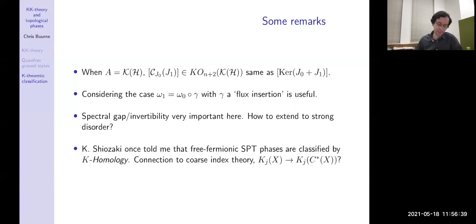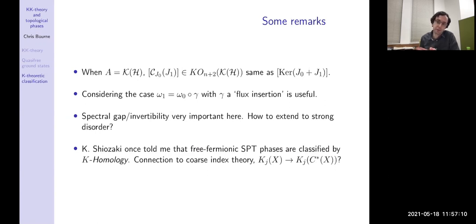Well, it's just more like, so Ken Shiozaki, I once asked him, he said at one point, was explaining that if you take SPT phases and you restrict your allowed deformations to just be within free fermionic systems, then it should be classified by K-homology. I mean, he's a physicist, so that was, I guess, just intuition at work, but I think it would be an interesting question to consider, and maybe the coarse assembly map gives you an interesting way to make that more precise.